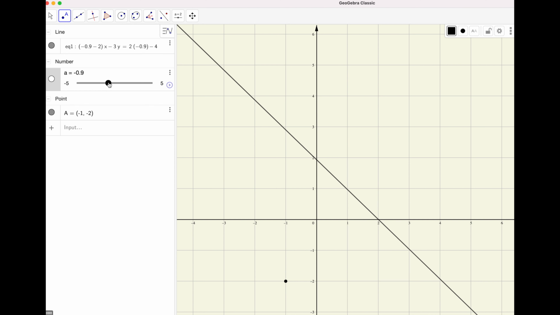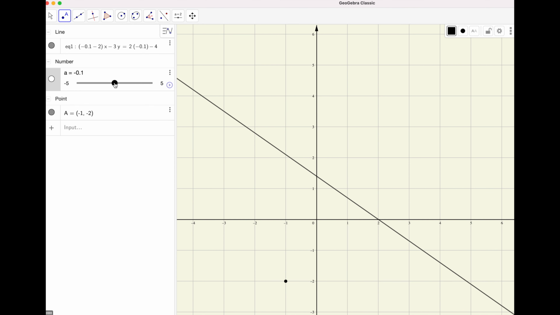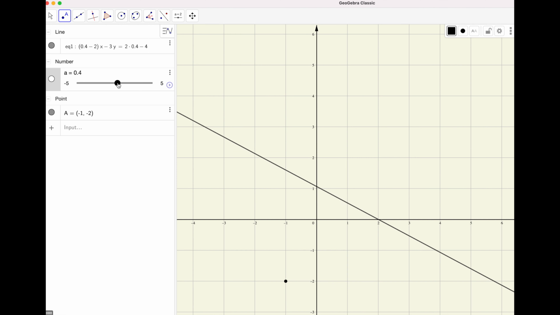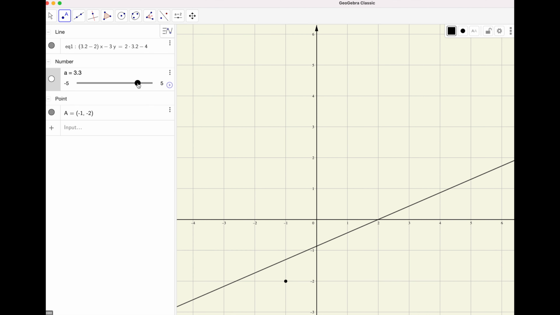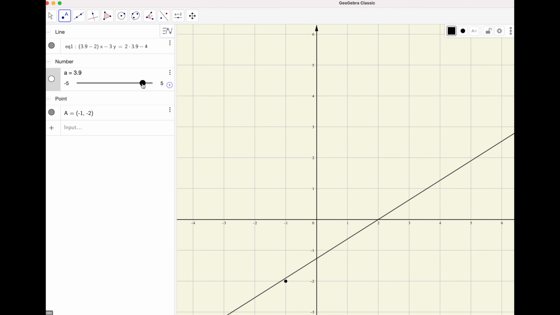You see, a is minus 0.9, I am changing it. If I have done my calculation right, when a becomes 4, this will happen. It's not happening yet, but now 4, yes. And exactly, it is confirmed. When a is equal to 4, that line is passing through this point.